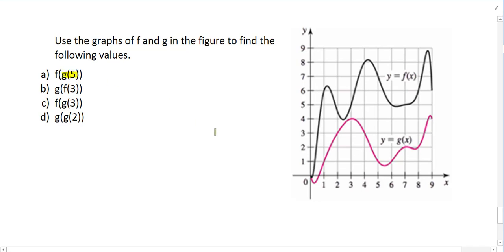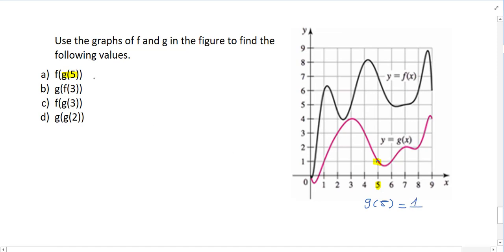So here's my x equals 5. And let's see, the red one is g and the black one is f. So g of 5 is going to be this value right there. So I can say that g of 5 is equal to 1.